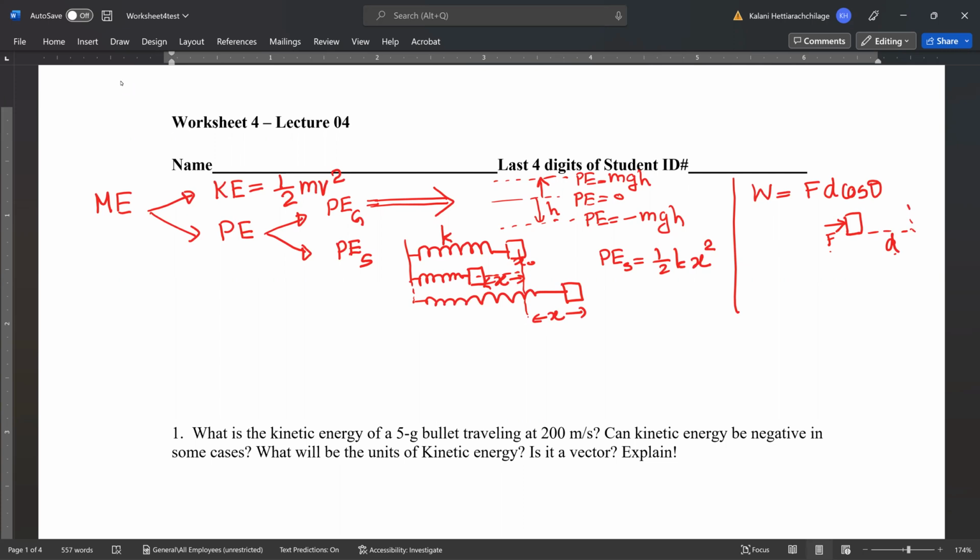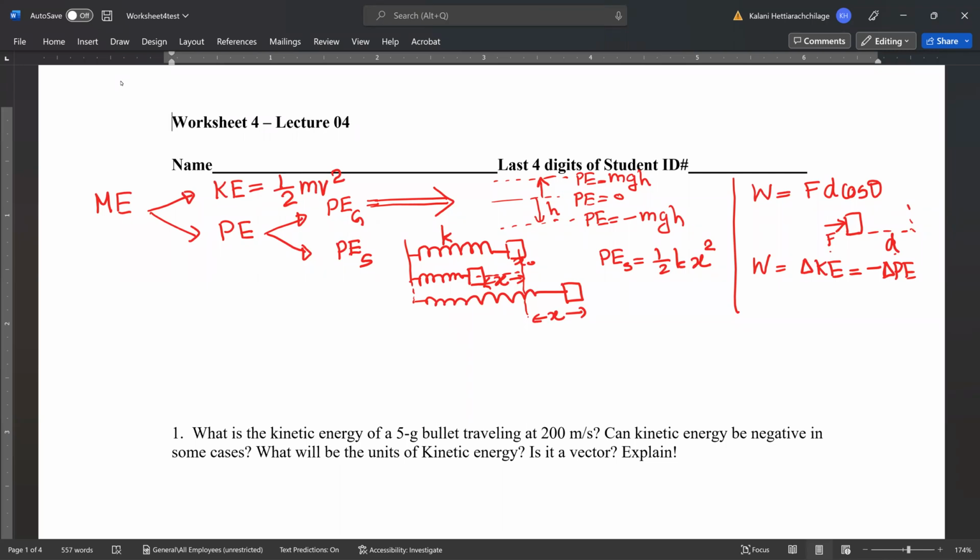After we discussed these mechanical energies, we were able to write the work done as the change of kinetic energy, or as the negative change of potential energy, right? In physics, we often talk about the change of something.